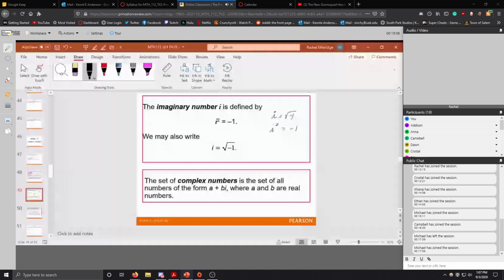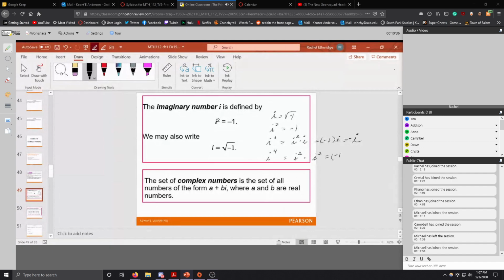Then we can write i to the third. i to the third can be broken down as i squared times i. Well, we know that i squared is -1. So i to the third turns out to simplify as -i. And then i to the fourth, we have i squared times i squared.